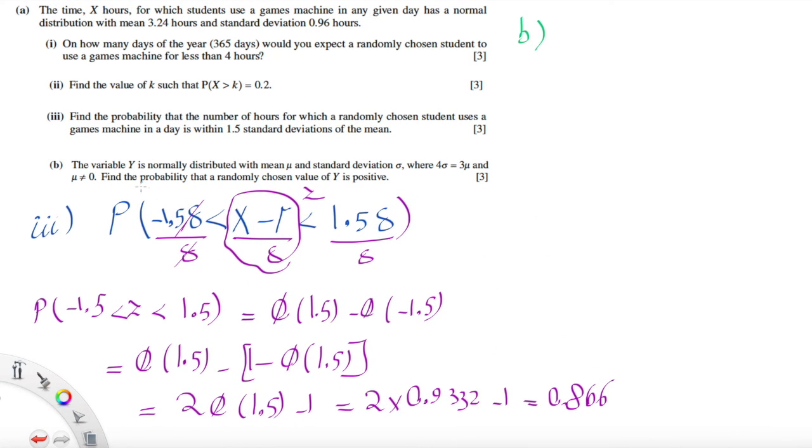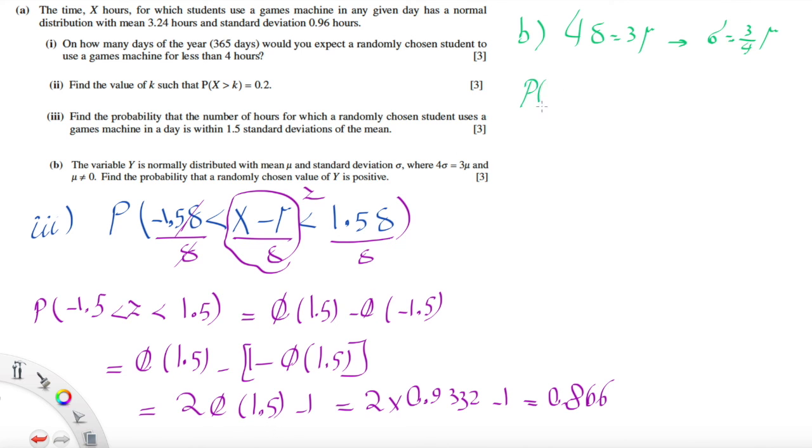Part B. The variable y is normally distributed with mean mu and standard deviation sigma, where sigma is equal to 3/4 mu, and mu is a non-zero number. Find the probability that a randomly chosen variable y is positive.